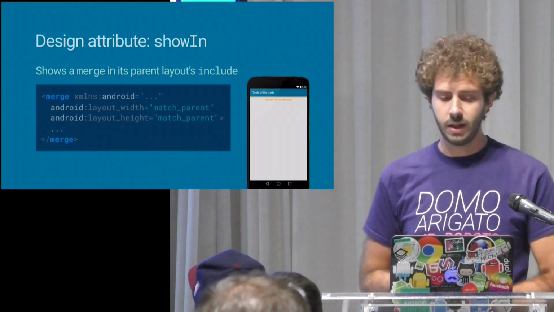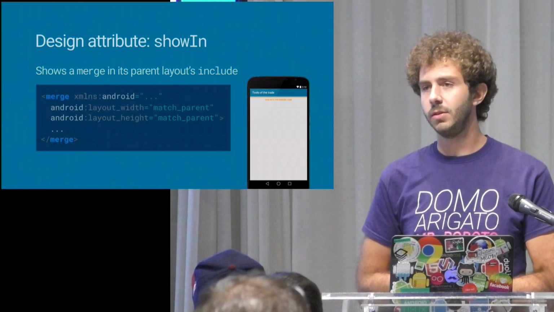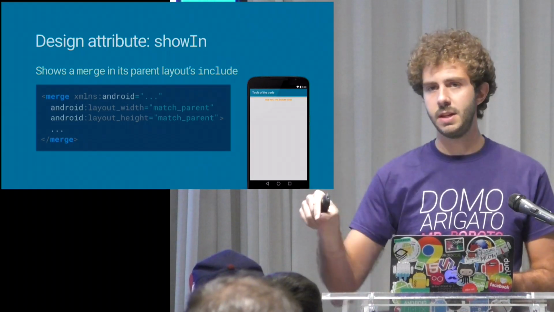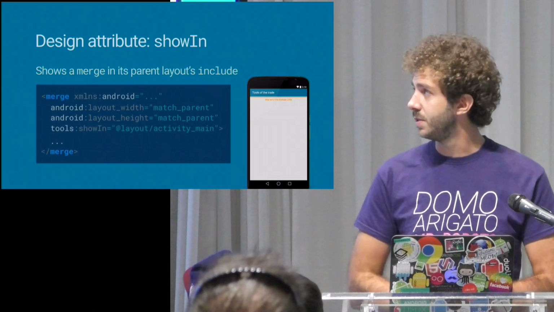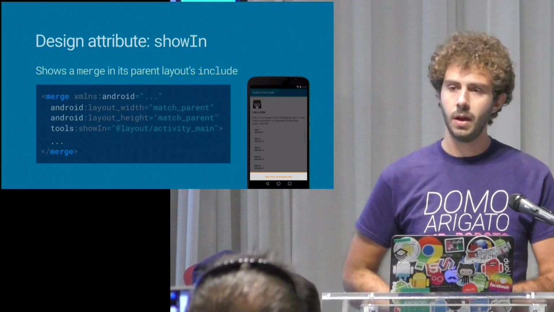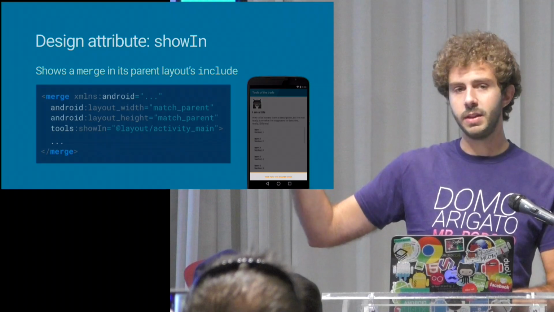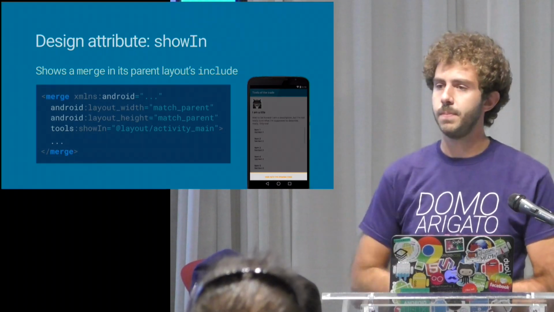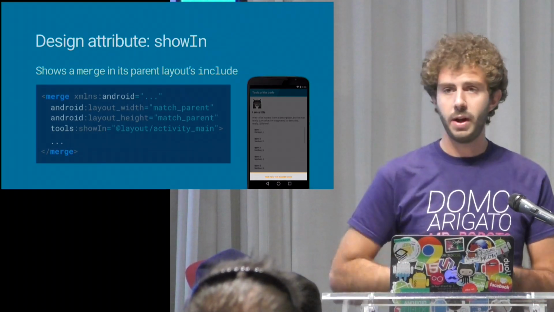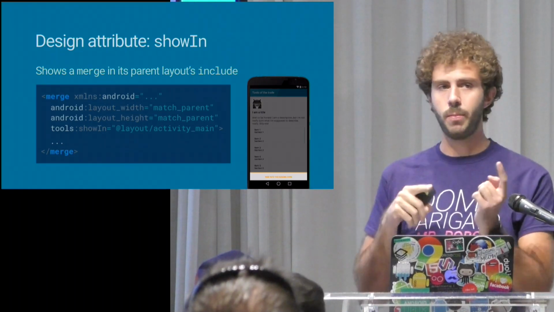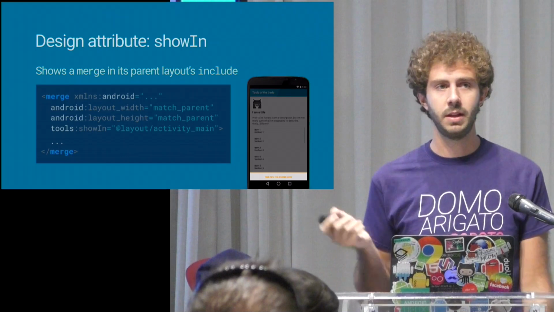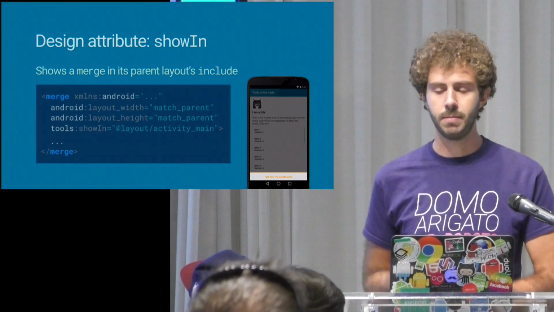And there is an easy way to say, okay, I'm going to use this layout, for example, in there, so you can get in the preview something like this. It shows it in the context of the activity where it will be used. This only works for one activity at a time, unfortunately, but it's relatively easy to just swap around the layout name in the XML if you want to try it in different places.